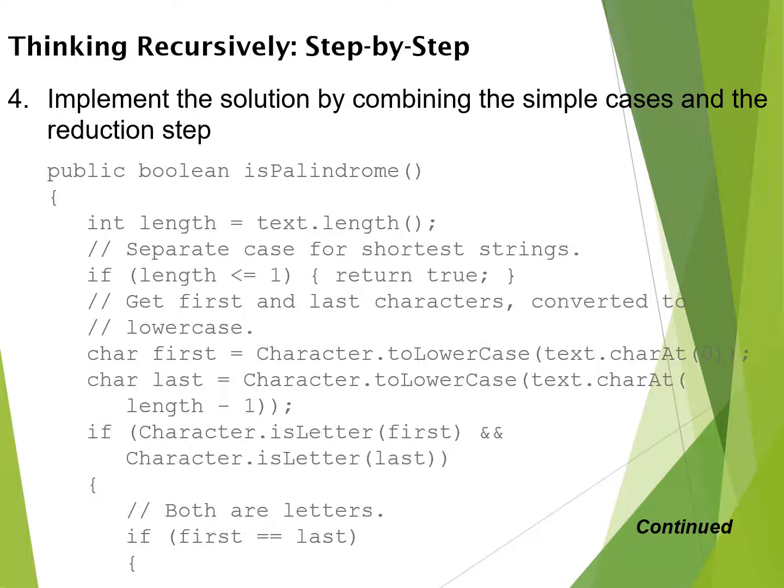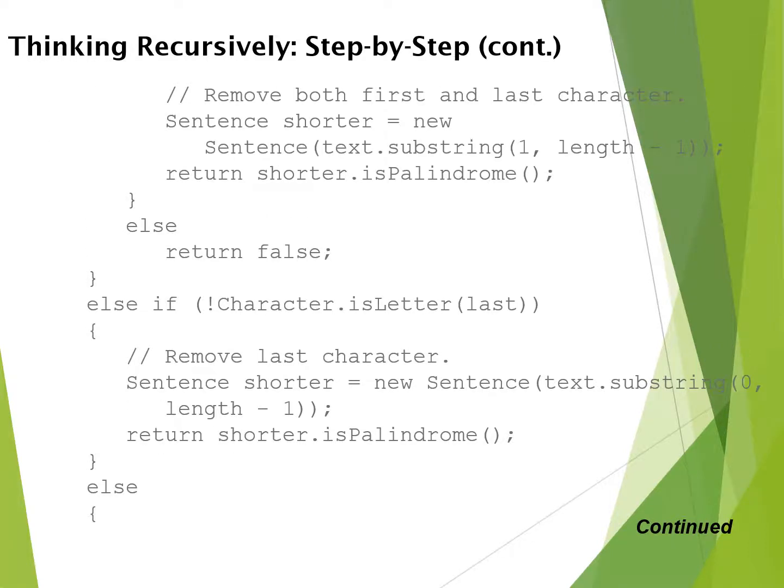So first and last contain the first character and the last character of the input sentence. Then you need to check whether both characters are alphabetical letters. If they are both letters, then you check for their equality. Basically, if they are equal, then you have to create a shorter sentence which doesn't contain the first and last character.